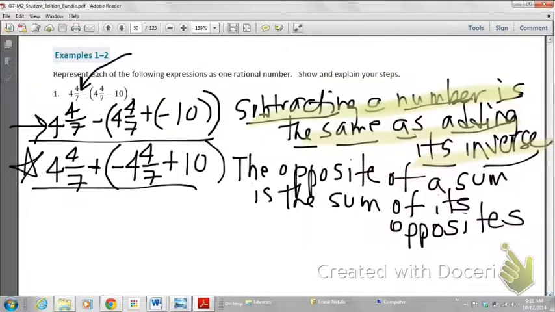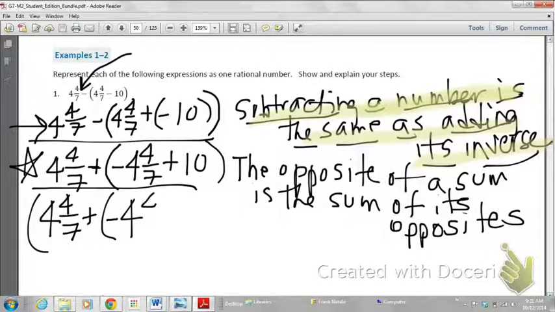So here, we're going to put the 4 and 4/7 together. We'll have 4 and 4/7 in parentheses, add a negative 4 and 4/7, and you can imagine what that's going to be already. Then we're just going to add that 10. Again, that was using the associative property.